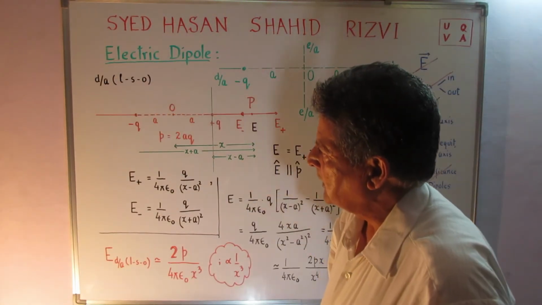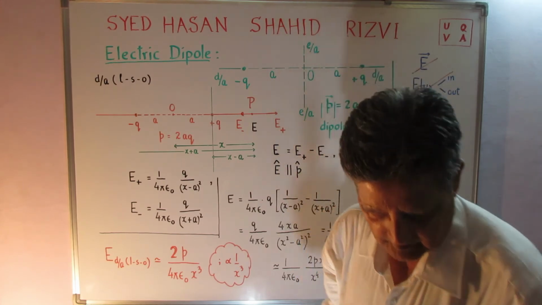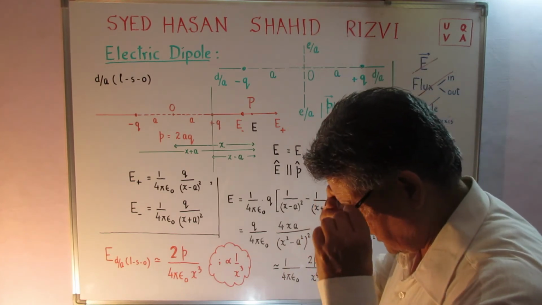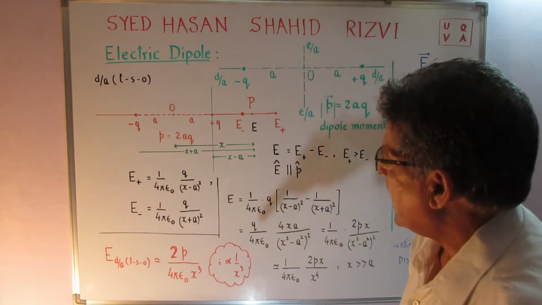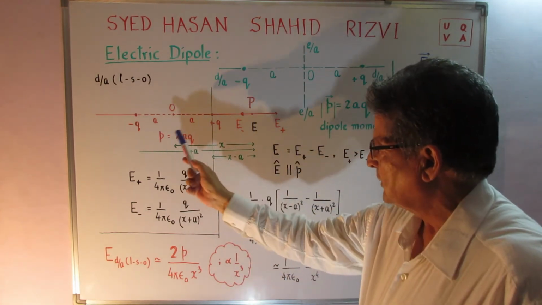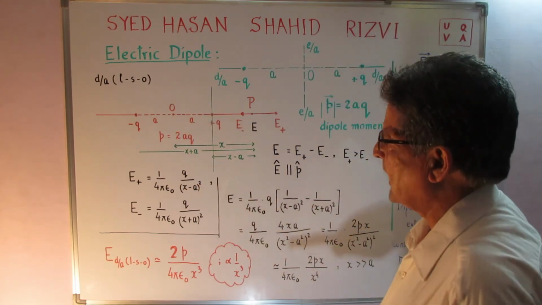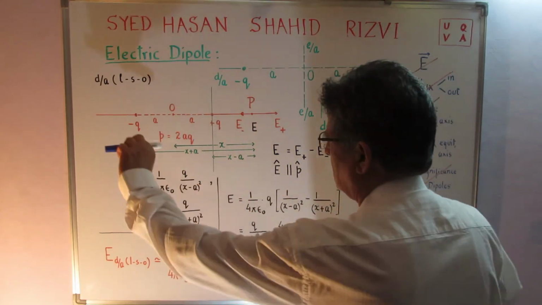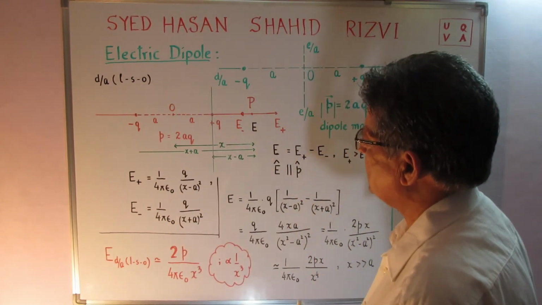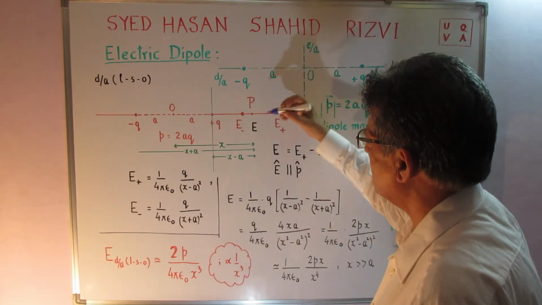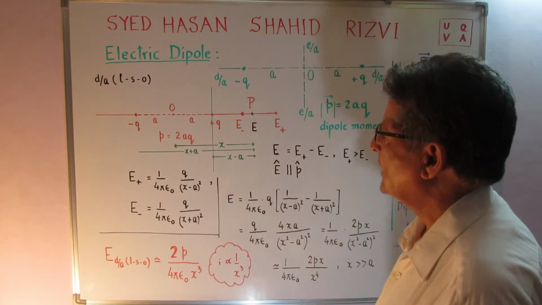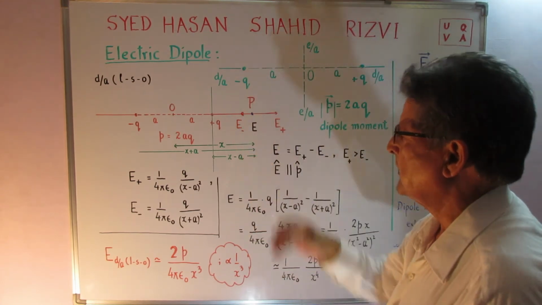So on the dipole axis, or the axis of the dipole, or on the long side on position, I take a dipole here, minus q and plus q here, so that P is equal to 2aq. The direction is minus q to plus q, I always remember, and I am just taking point P over here, on the axis of the dipole, on the right hand side. Now what will happen?